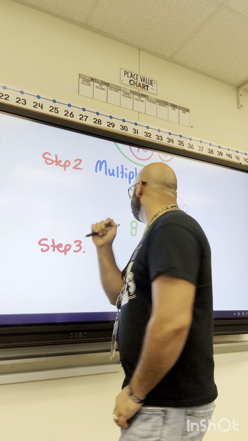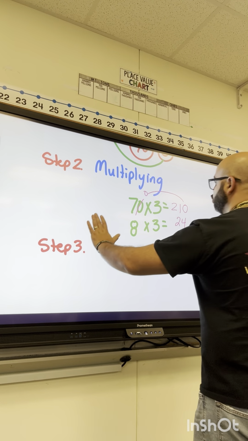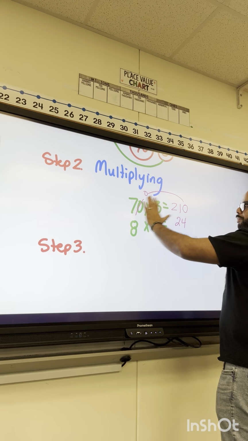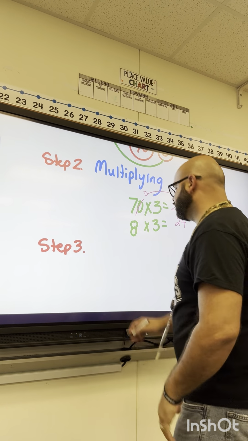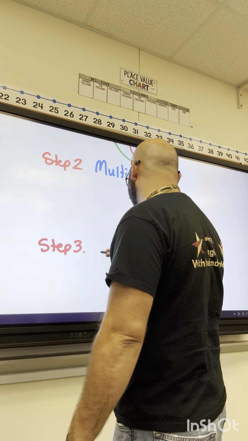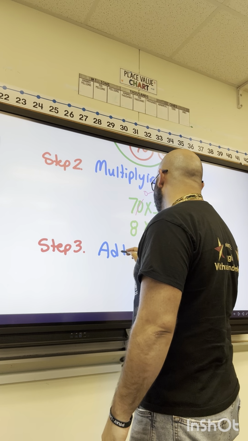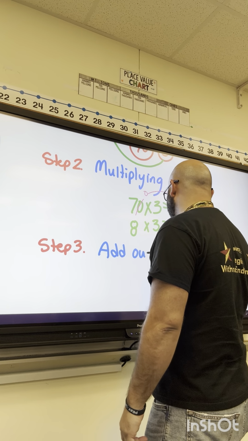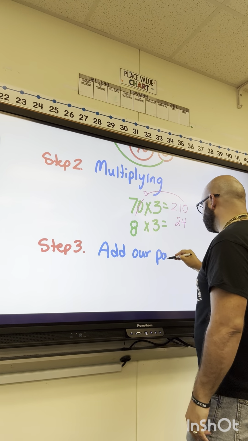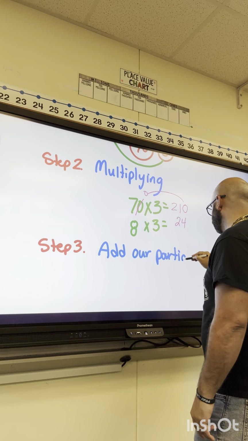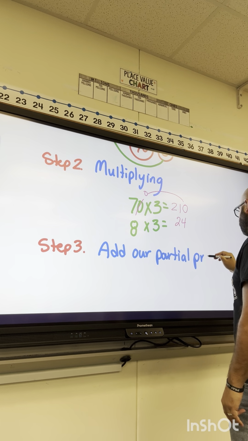So the third step. Now that we solved our multiplication equations, our last step is to add them. Add our partial products. I want you guys to remember that term: partial products.